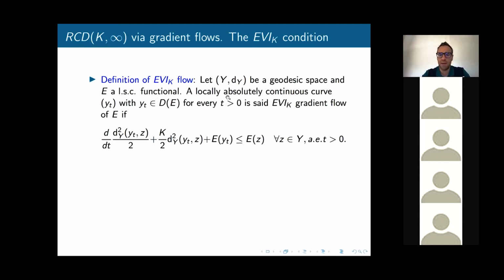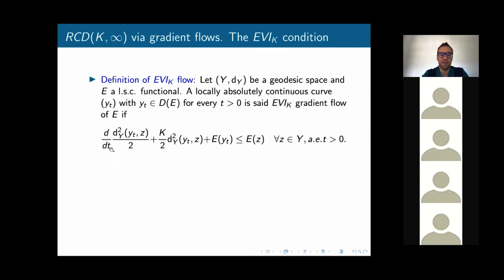Then a locally absolutely continuous curve y_t, such that at every time the functional E is finite along y, so this y_t is in the domain of the functional E, you say that it is an EVI_K gradient flow of E if the previous inequality is satisfied.